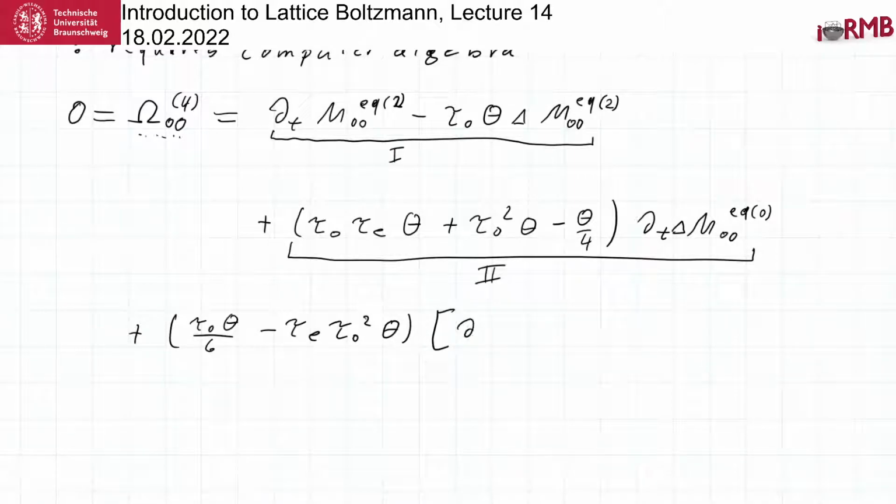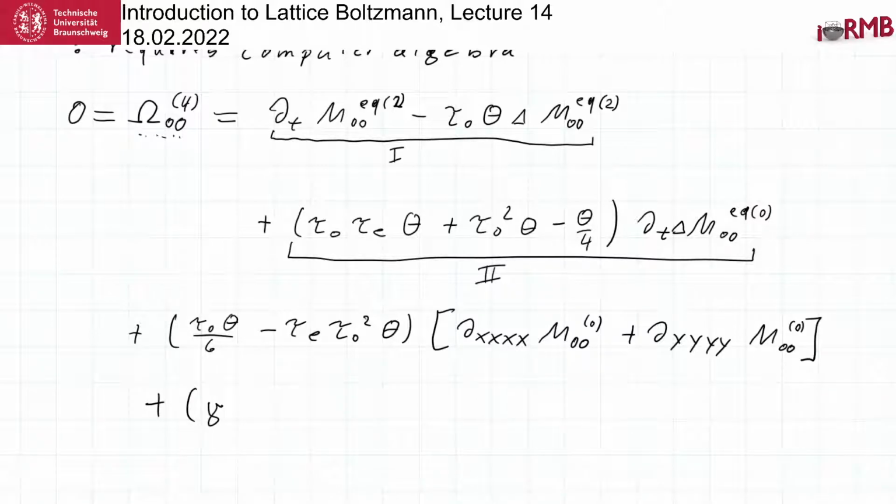And this goes into dxxxx, the fourth derivative in x, m0, 0 to 0 order, dyyyy, the fourth derivative in y, m0, 0 to 0 order, plus gamma theta 0 minus 6 gamma theta tau even times tau odd square.